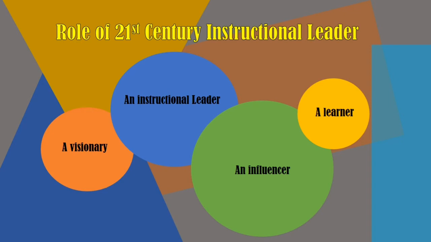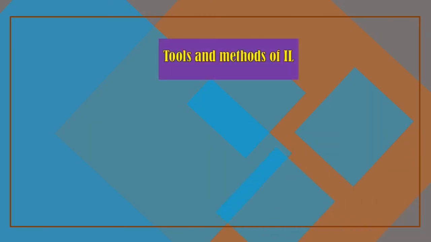And the last is the leader should also be a learner. He should not be contented with what he has. He has to learn as he lives. And in doing so, there are 5 tools and methods of instructional leadership.